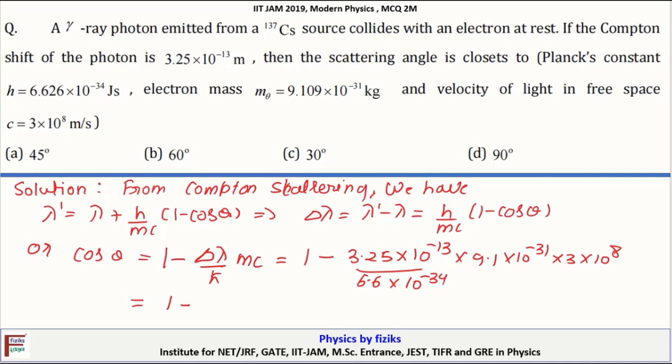After solving it, we get 0.866, which is root 3 by 2, implying theta equals 30 degrees. So our answer is option C.